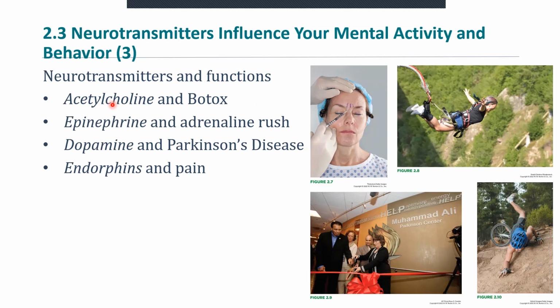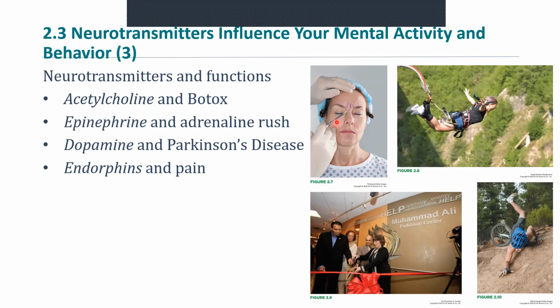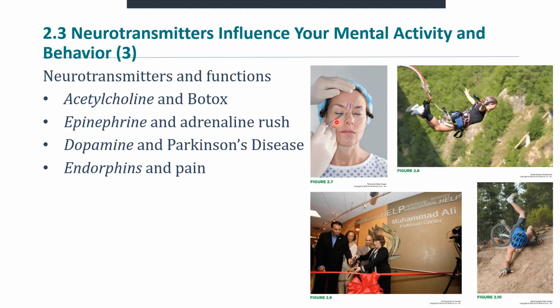What Botox does when you get an injection of Botox, like in this picture here, is it basically inhibits acetylcholine, which paralyzes muscles. You need acetylcholine to control certain muscles. When they get paralyzed, that's going to stop you from creating frown wrinkles and things like that. So that's basically what it does. It stops the action of acetylcholine. I never knew how Botox works, so that's kind of interesting.